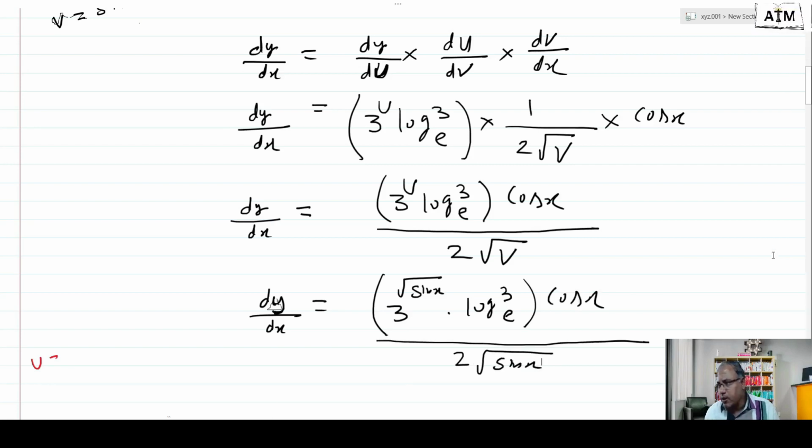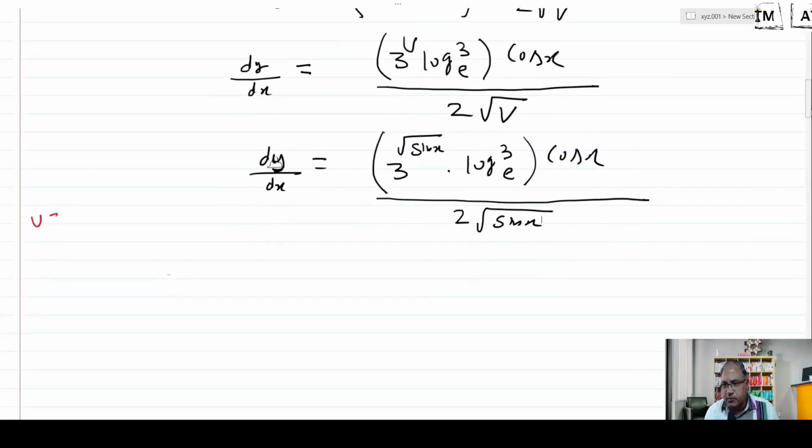This is the required result. dy by dx equals 3 raised to root sin x log 3 to the base e cos x upon 2 root sin x.